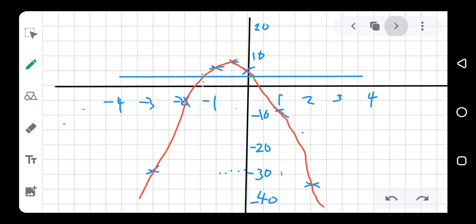If we draw it, we are going to get something like this. This is not accurate because I sketched the curve. I don't actually use a normal graph, so it is just a sketch. This red curve is the original curve for y equal to 5 minus 7x minus 6x squared. That is the original equation given to us.